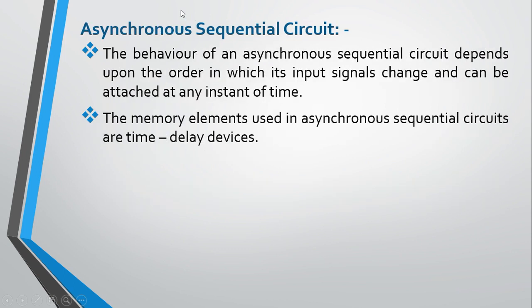See, over here asynchronous is there. Why? Because our output depends on the input as well as on the time. Over here, the time delay device is there, so our output depends on the number of inputs as well as on the time delay device.